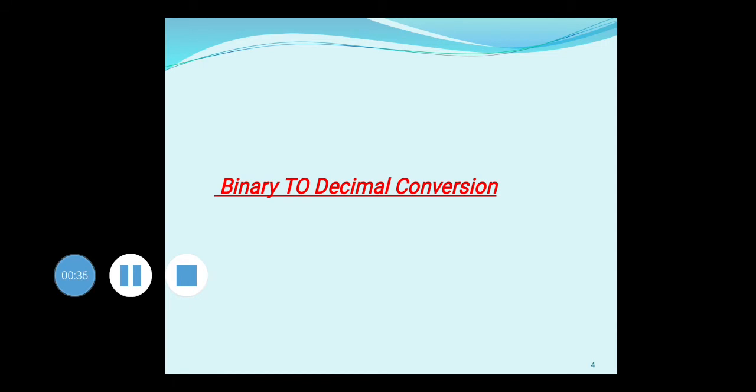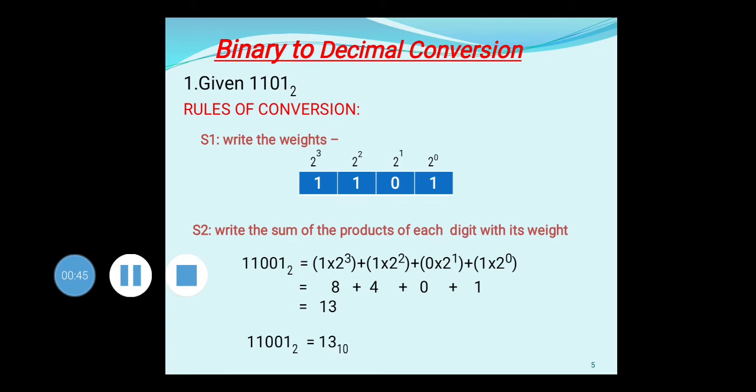So the given number will be binary. You are supposed to find its equivalent decimal number. Now the technique to convert binary to decimal is as shown here. Initially the given binary number here is 1101.